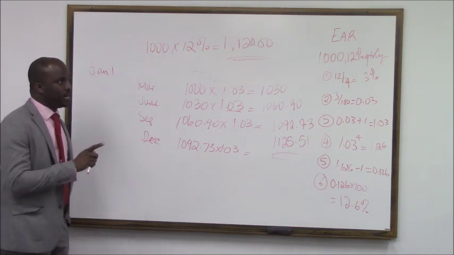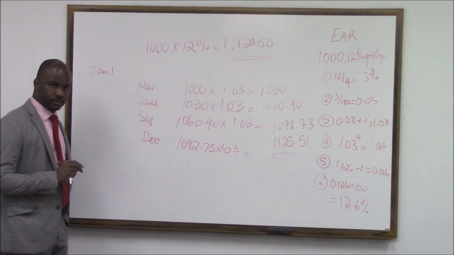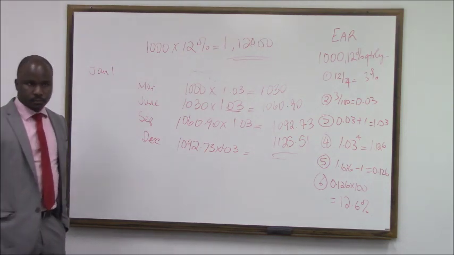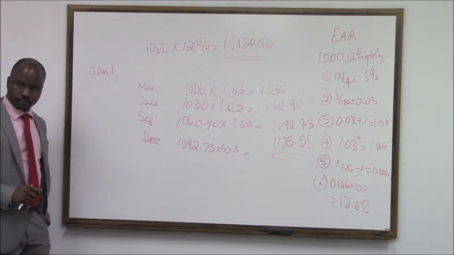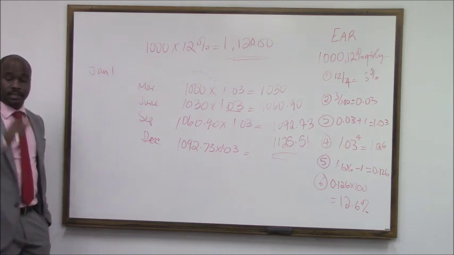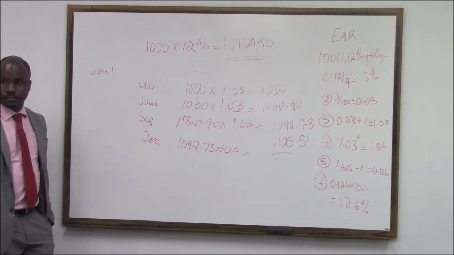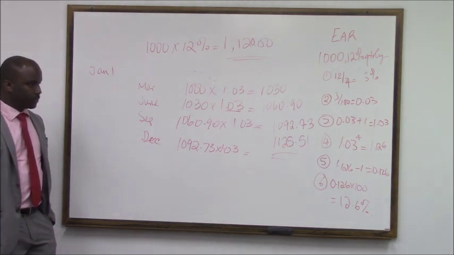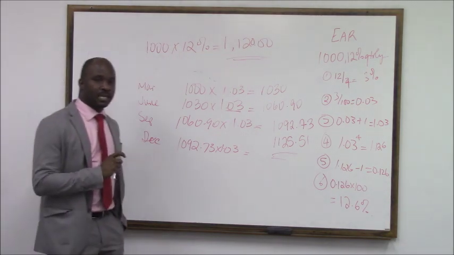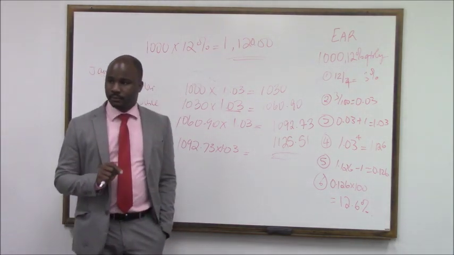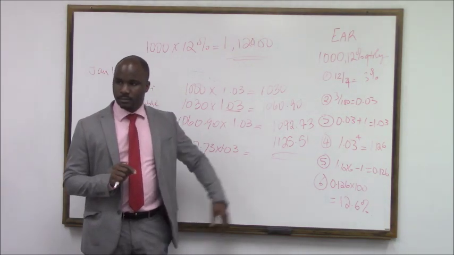So how much are you paying every year on this loan? How much are you paying in your first year, in total, in principal plus interest? This 12.6%. So you add that 12.6% to what? Okay, you start with $1,000.